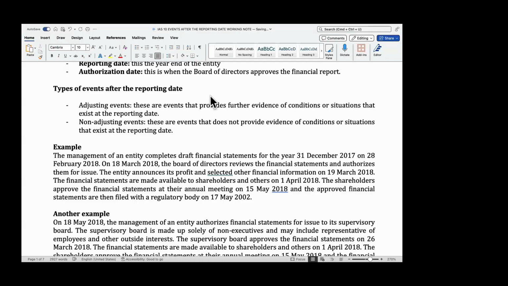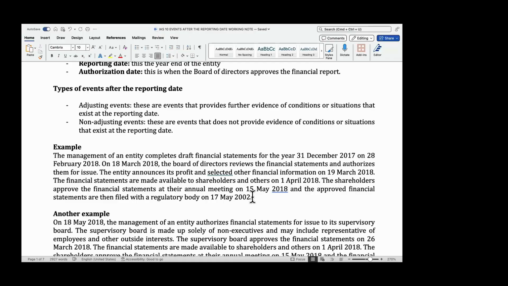Example 1. The management of an entity completes draft financial statements for the year ended 31st December 2017 on 28th February 2018. On 18th March 2018, the Board of Directors reviews the financial statements and authorizes them for issue. The entity announced its profit and selected other financial information on 19th March 2018.